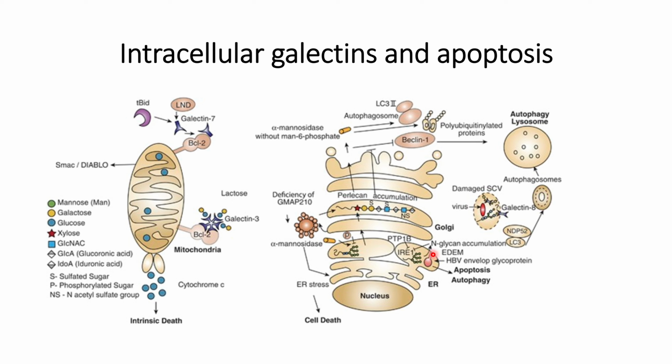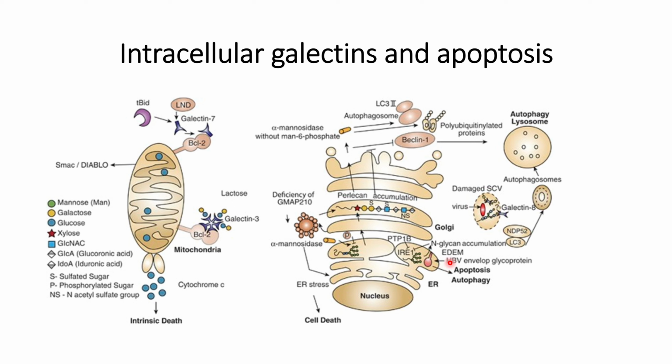In this case, apoptosis will be triggered because of dysregulation in the endoplasmic reticulum. We have covered this many times: misfolded proteins accumulate in the endoplasmic reticulum, and this could be because of many reasons. One of the reasons mentioned here is the deficiency of GMAP2 or alpha mannosidase, which detects the unfolded protein structures and diverts them towards the ERAD, or proteins in the EDEM family that also help in the degradation of the unfolded proteins from the endoplasmic reticulum towards autophagy or apoptosis.